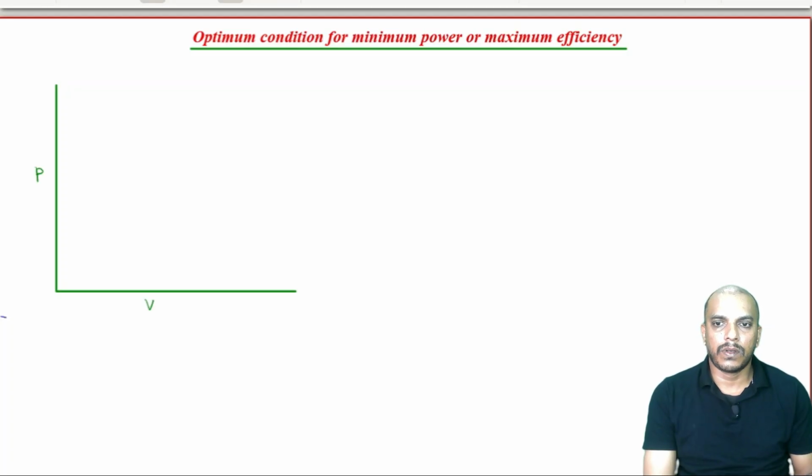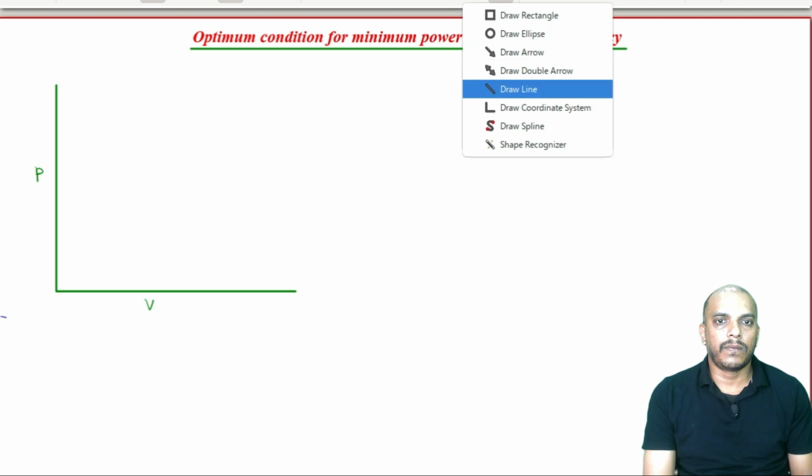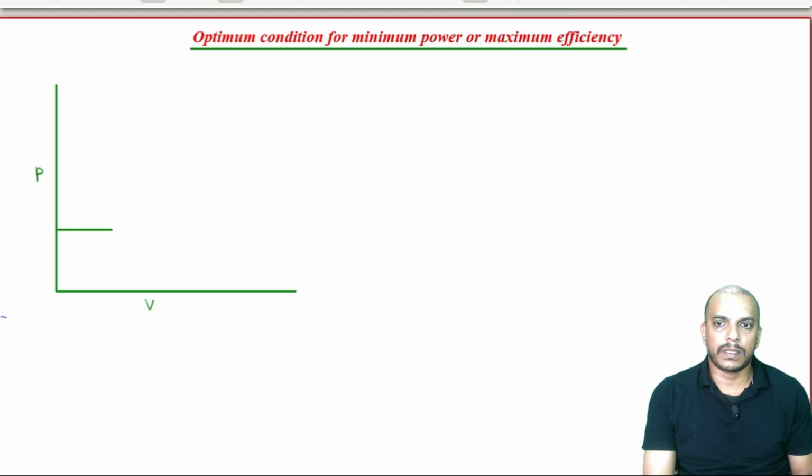pressure versus volume diagram. For a multi-stage compression, let us say this is our suction stroke. In the first compressor, that is the low pressure compressor, then we'll have the delivery pressure of the first compressor, then the second compressor.